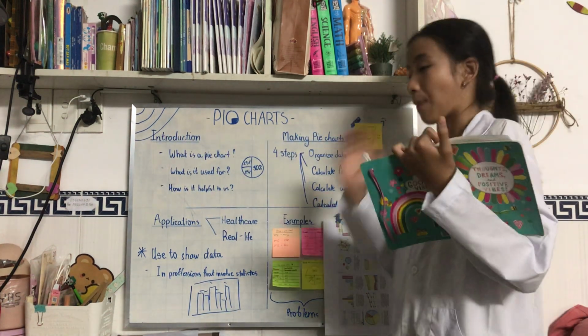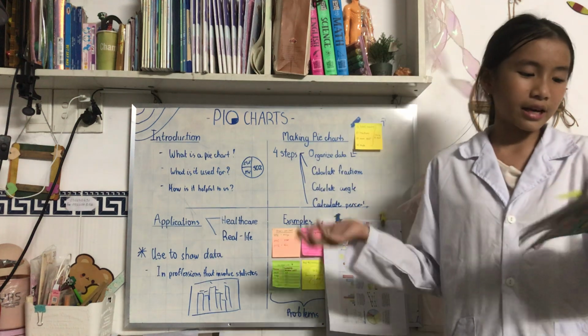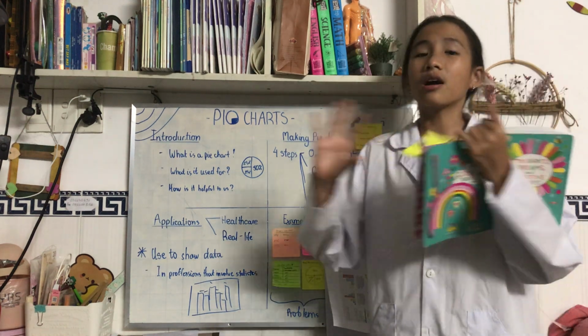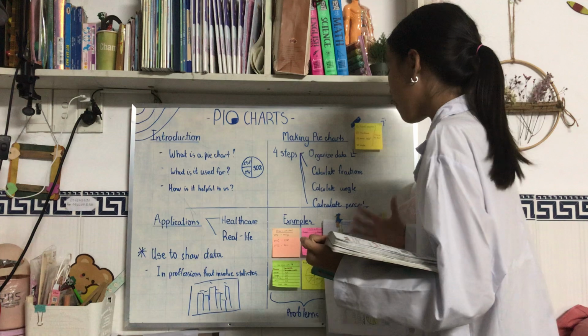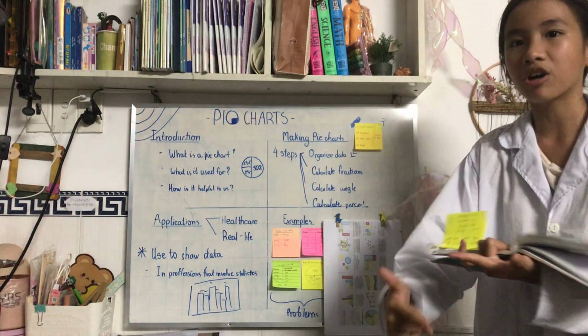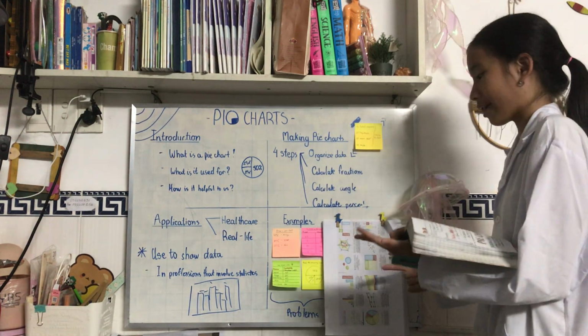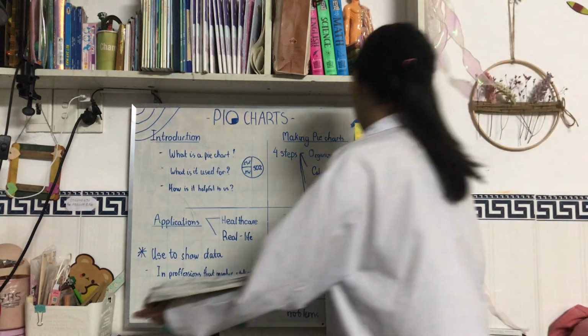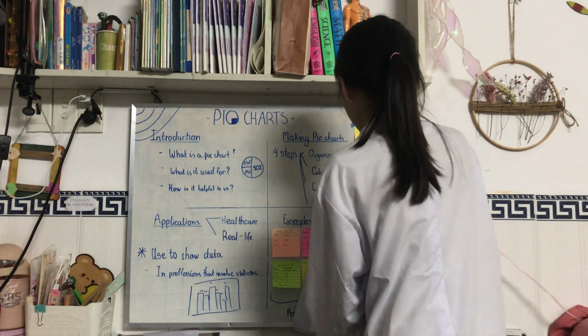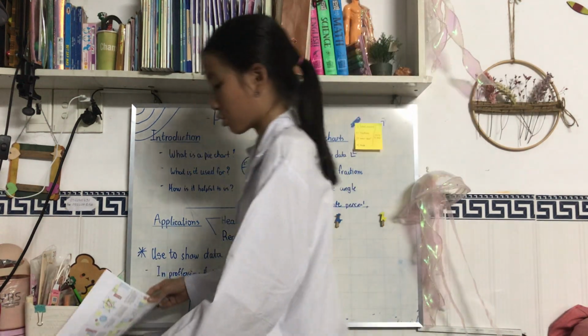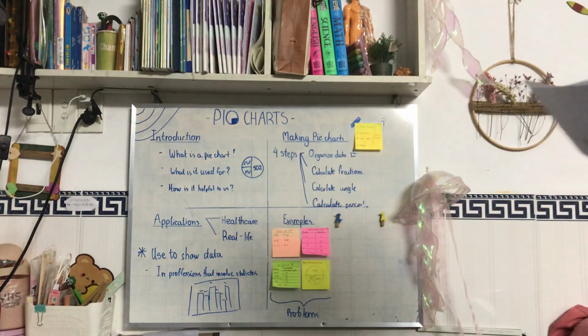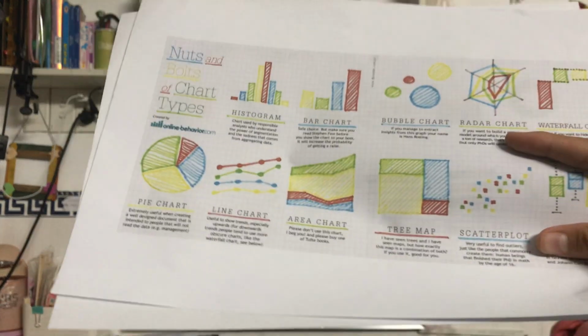What is a pie chart? Well, a pie chart is a graph to show information. There are lots of ways to show information. For example, we can show it in a bar chart, a donut chart, a line graph, and so many different things. Here, I can show you some ways to show it. Ways to show information.